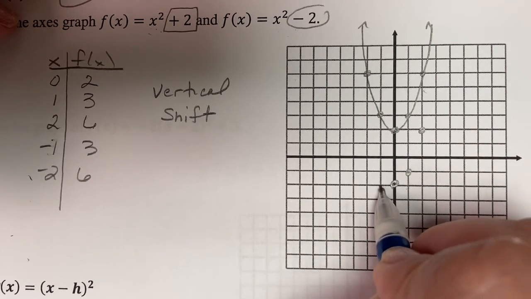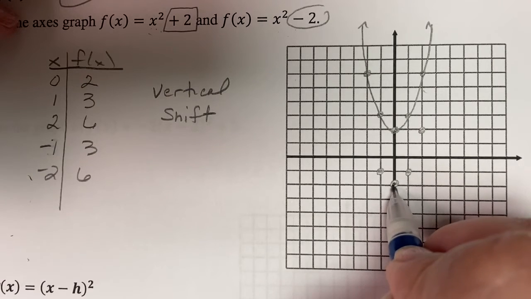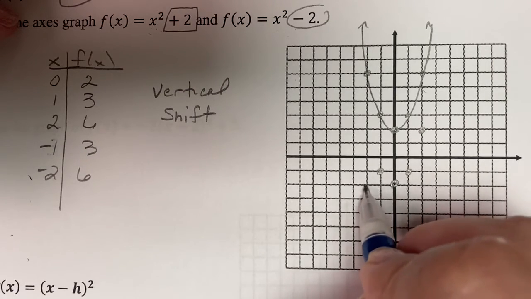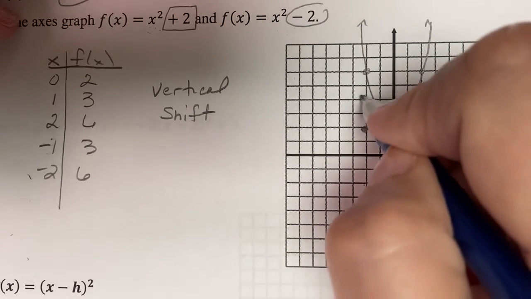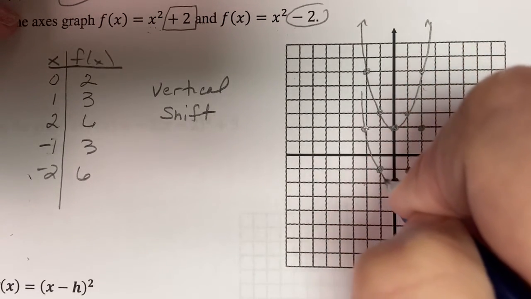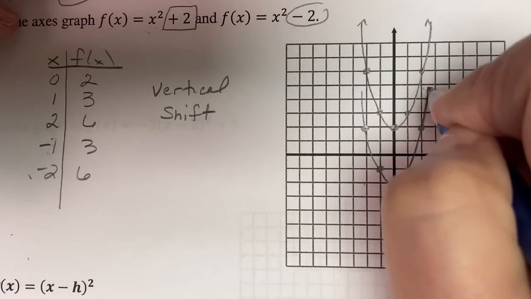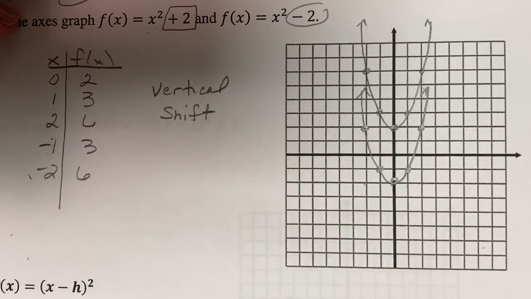From the vertex, I'm going to go left 1 and up 1. From the vertex, I'm going to go left 2 and up 4. And do the best you can to draw that parabola. And you can see that it's the parent graph again, but it's shifted down 2.